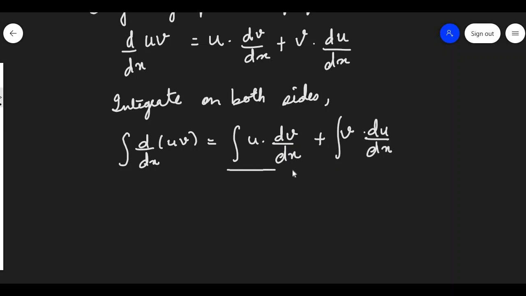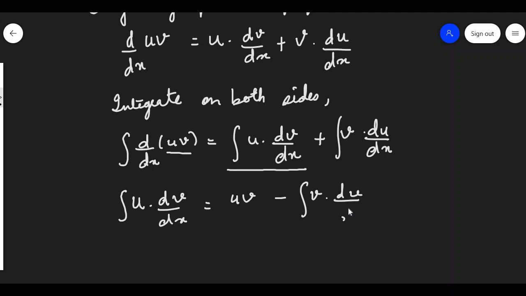If we calculate this term, that is integration of u into dv by dx, we will get uv, the integration and differentiation will cancel each other and we will be left with only this term minus integration of v into du by dx.